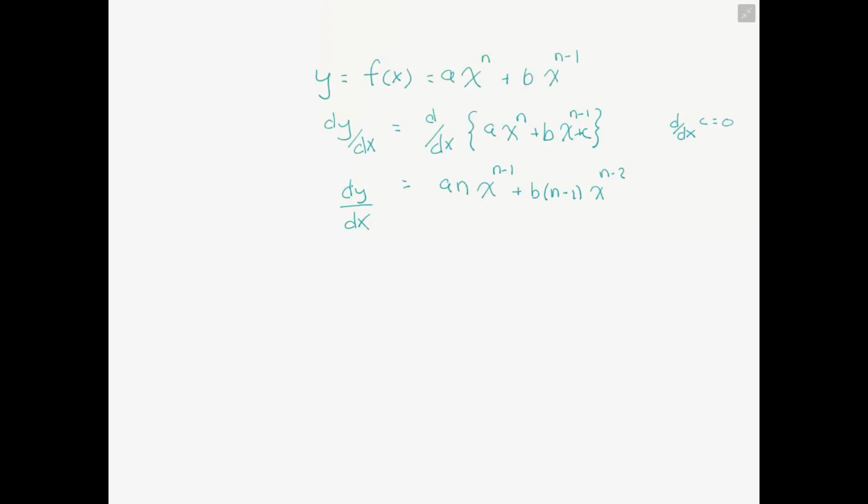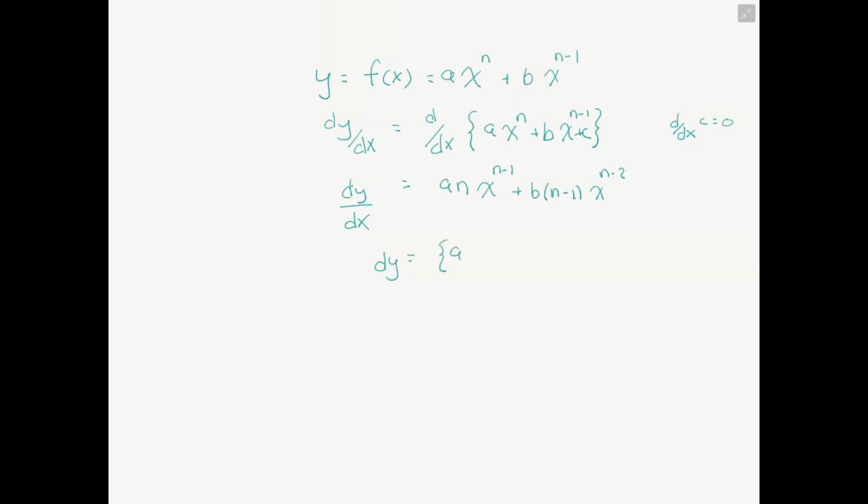But integration is, well, some teachers call it the antiderivative. And so we can multiply across.